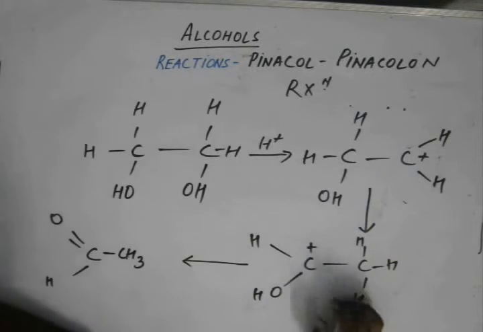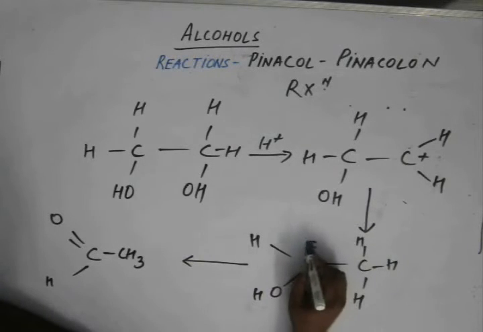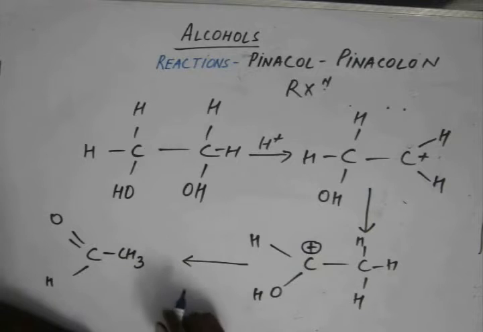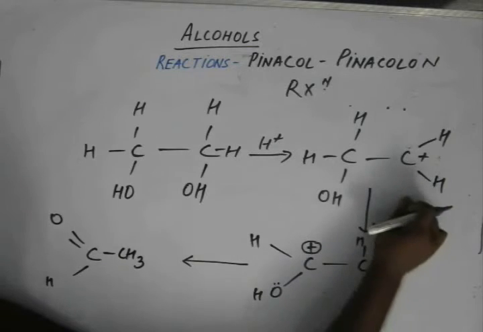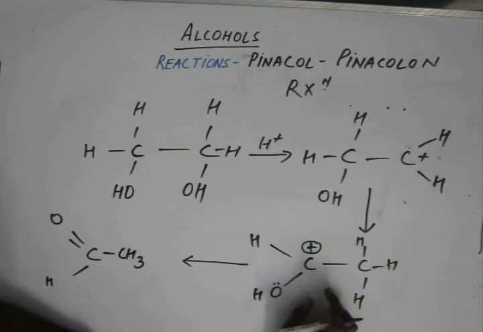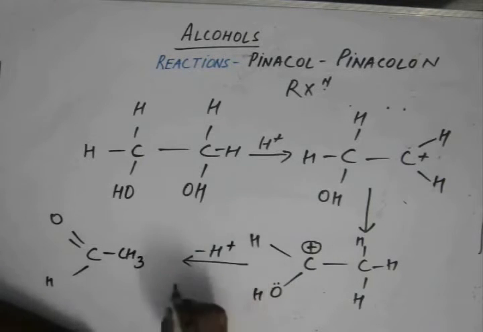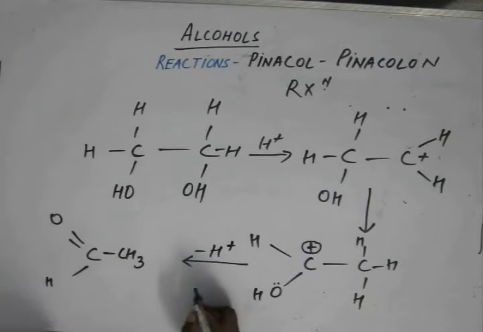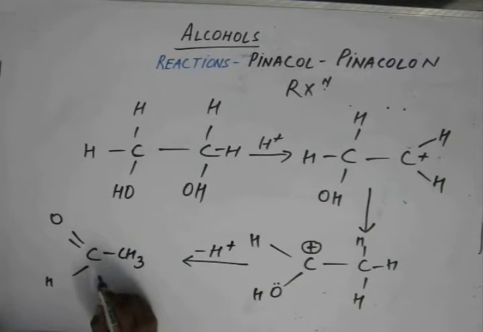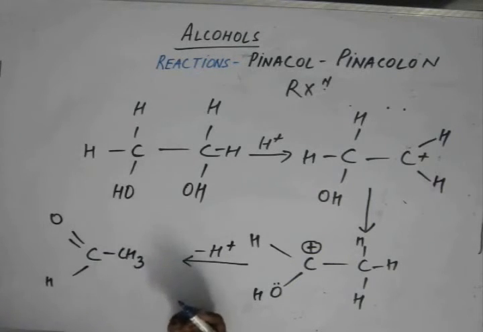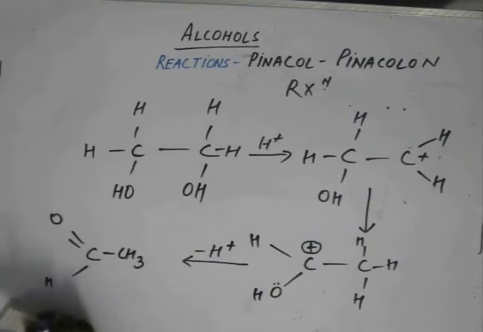See why this carbocation is more stable, because we have back bonding via this O atom. So this carbocation is more stable than this. After a more stable carbocation is formed, it is again deprotonated because it was an acid catalyzed reaction. And we get a pinacolone, or carbonyl compound, to be very simple.